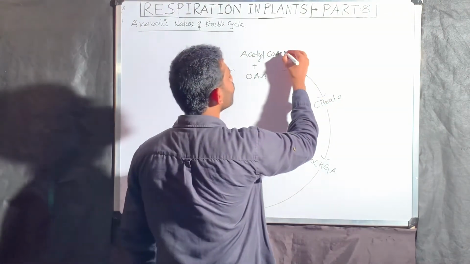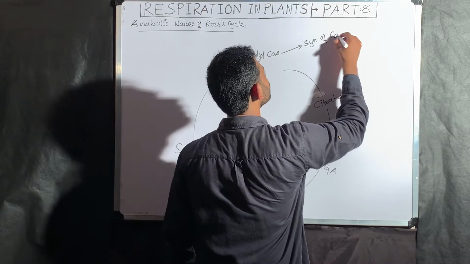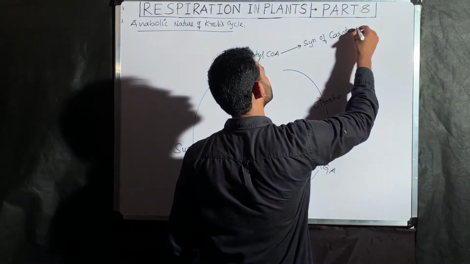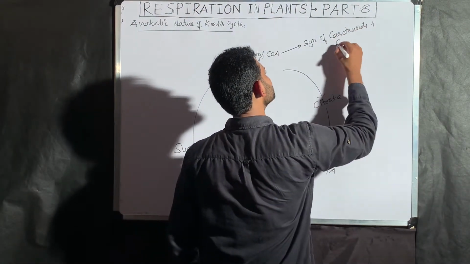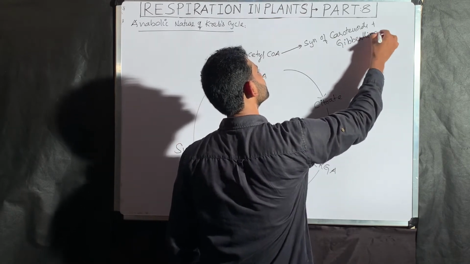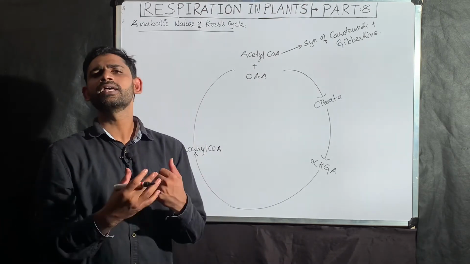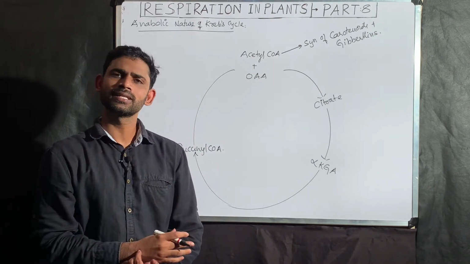This acetyl-CoA is involved in the synthesis of carotenoids and gibberellins. Carotenoids and gibberellins are synthesized from the ester with the involvement of acetyl-CoA.